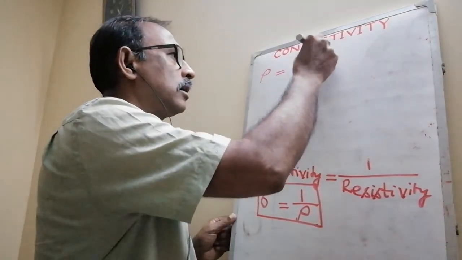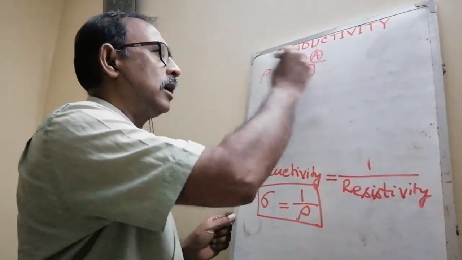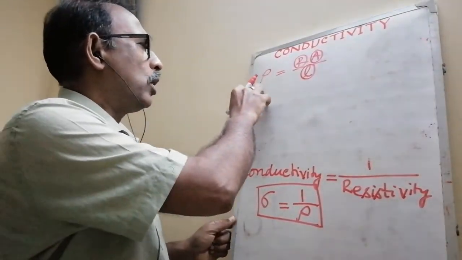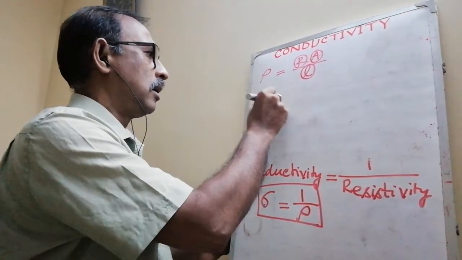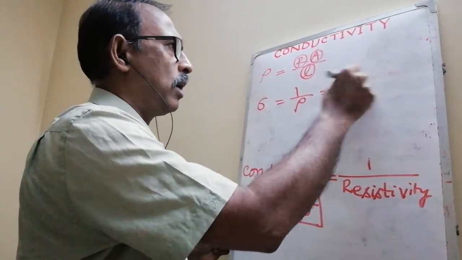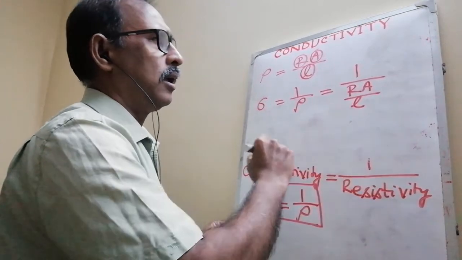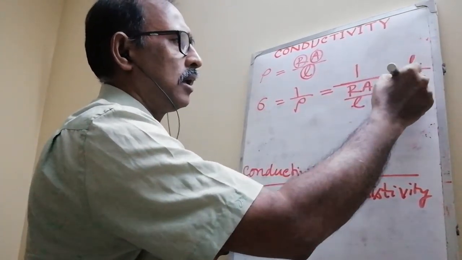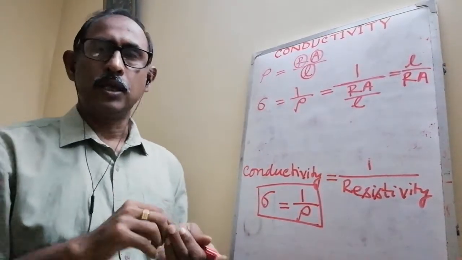A is the cross section of the conductor. And L is the length of the conductor. If rho equals RA by L, then sigma equals 1 by rho, that means 1 by RA by L, that means L by RA. This is the formula for sigma.